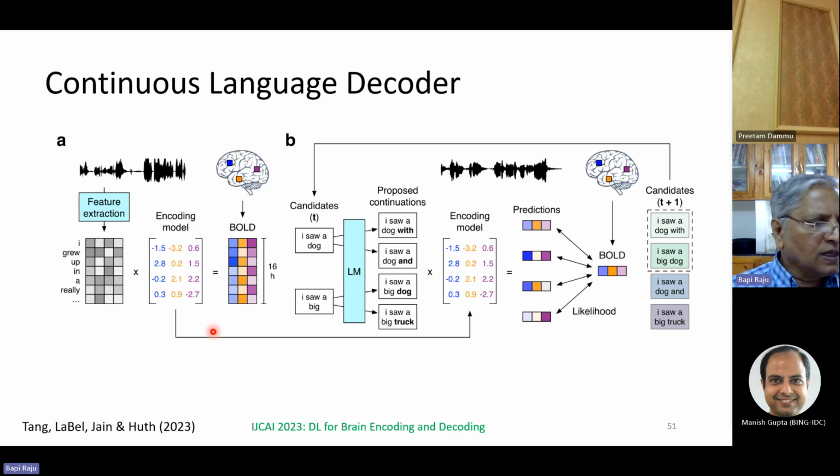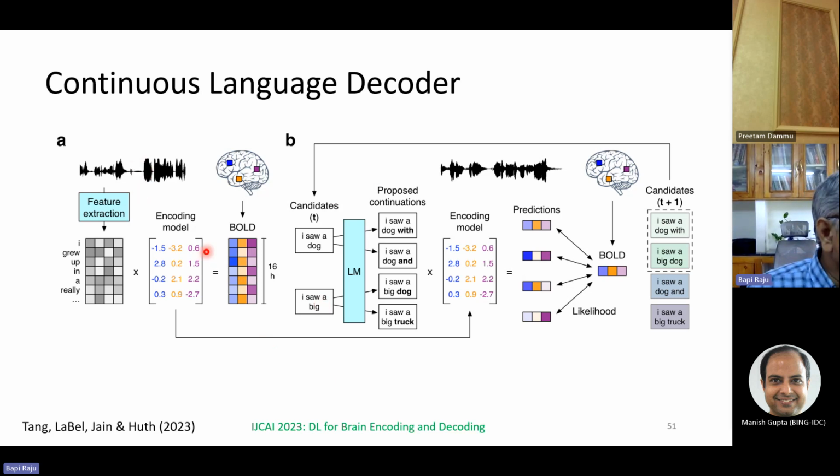What you see here is an encoding model, combined with a decoder that tries to decode what the participants are hearing as a continuous stream of predicted linguistic labels. So let me take you through this interesting architecture.